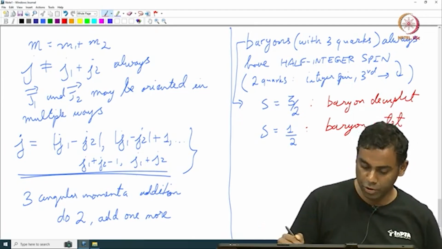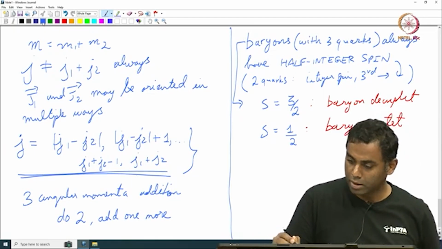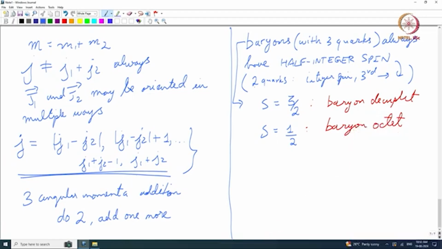Okay. And of course, one hidden thing here is that this tells you again that mesons have integer spin. So, we already saw this, but it's once again hidden in this message, right. Spin 0, spin half and so on.